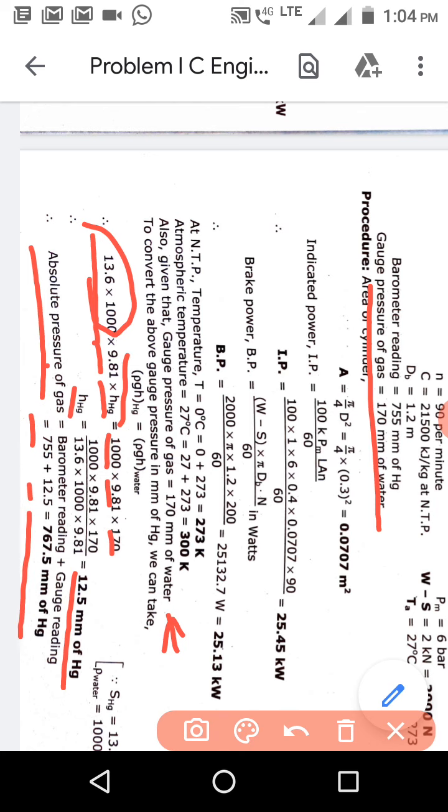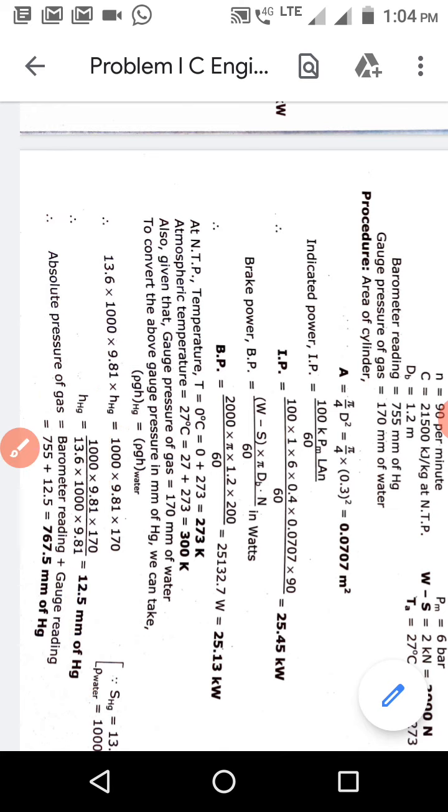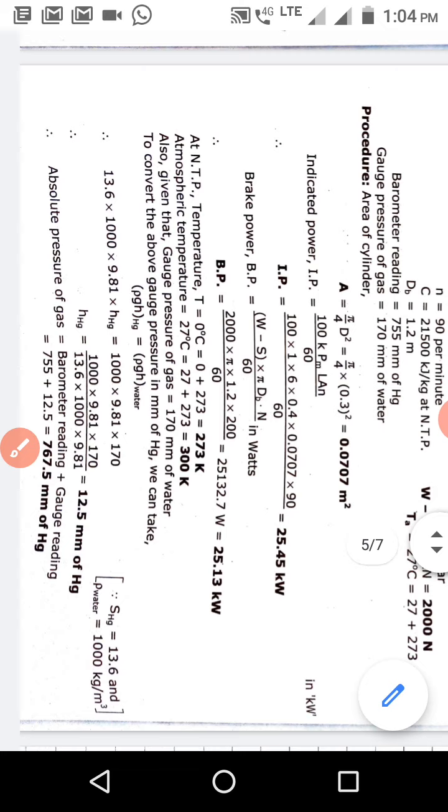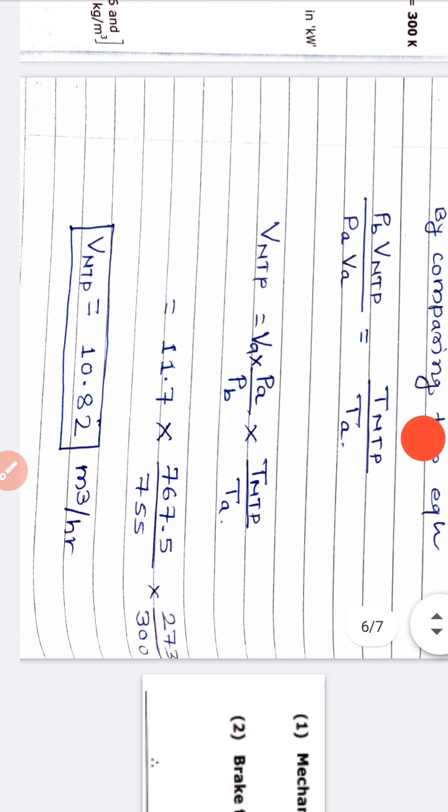We got 767.5 mm of Hg, that is the absolute pressure of the gas in real condition. As in real condition we are not using the gauge pressure, we are using the absolute pressure. We are going to use this absolute pressure for calculating the volume of gas used at normal temperature pressure.